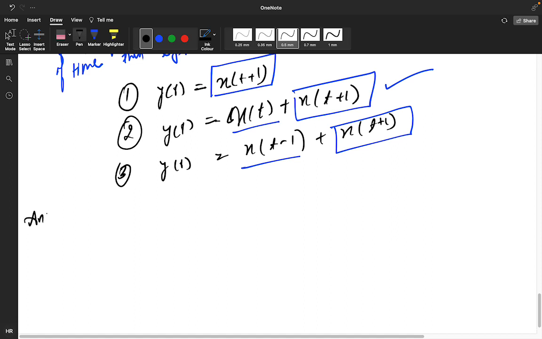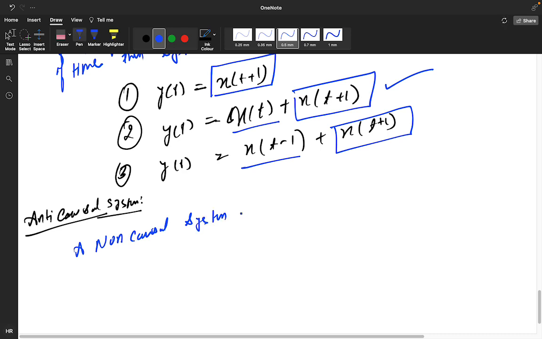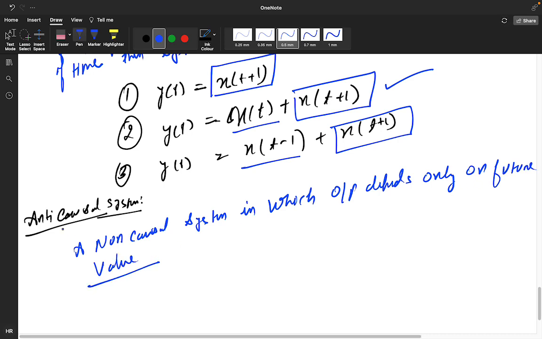And there is another thing, anti-causal. Guess it. What will be the property of this anti-causal? A non-causal system in which the output depends only on future value, means every anti-causal system is a non-causal system.